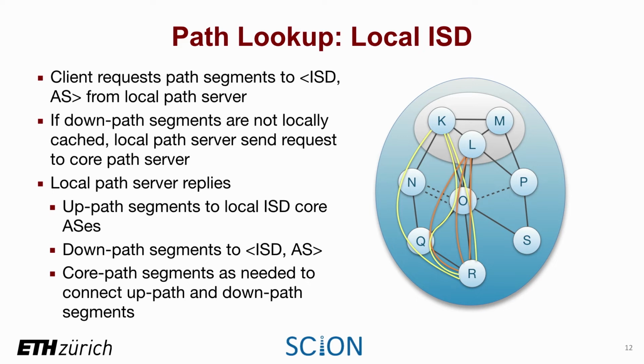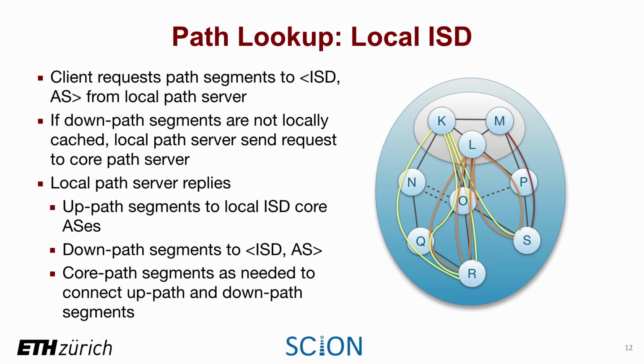For instance, if a client in AS R made this request, and if the request was for a destination in AS S, these additional path segments, and in this case they are down path segments, are being returned to the client. Now, as you can see, some up path segments end at different core ASs than some down path segments.